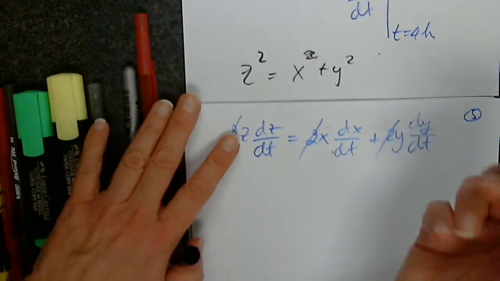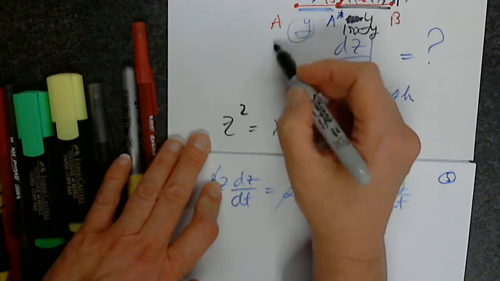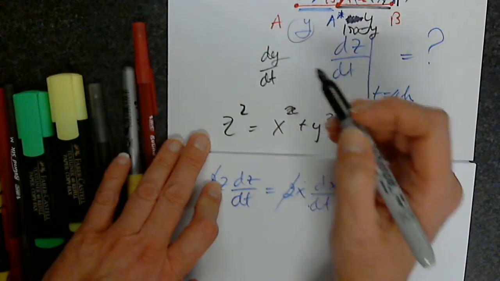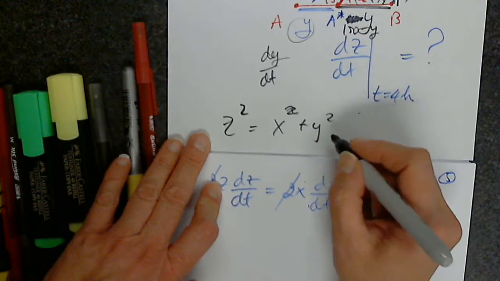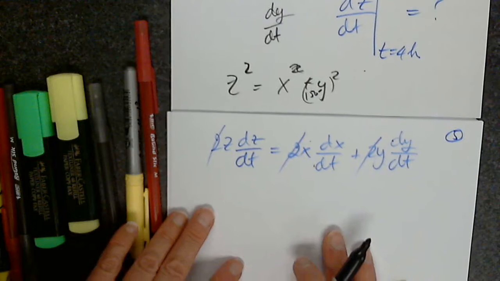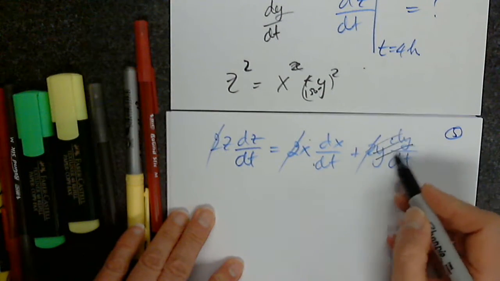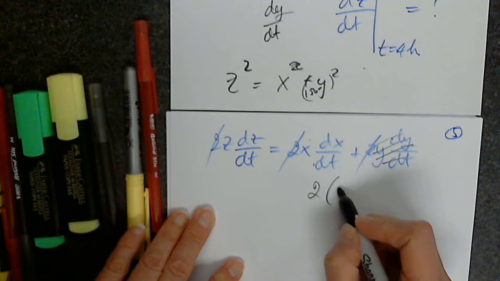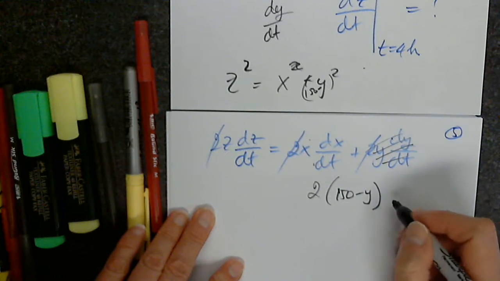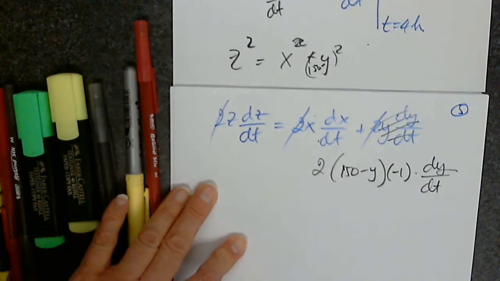But it's better if I use y and 150 minus y because I do have dy over dt. I changed it, but I didn't change it in my problem. So I have 150 minus y times negative 1 times dy over dt. Yes, I forgot to change it in my formula.